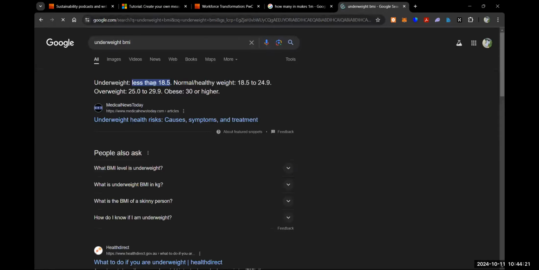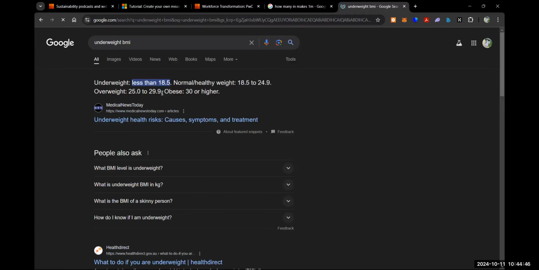Okay, so we have underweight as below 18.5. Normal weight is 18.5 to 24.9. Overweight is 25.0 to 29.9. And then obese is from 30 and above.